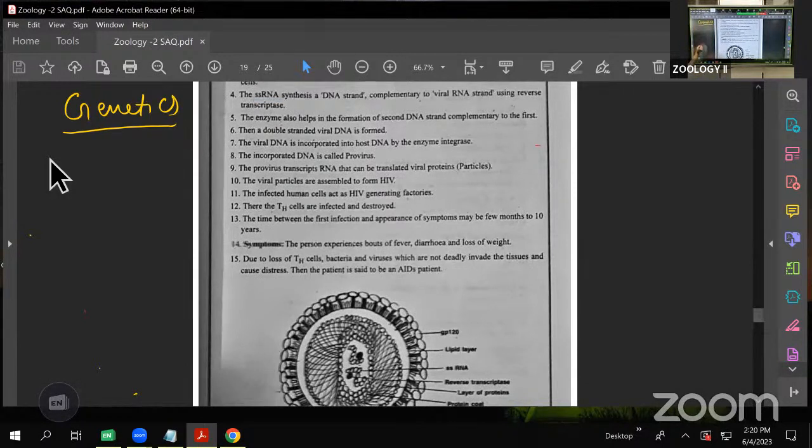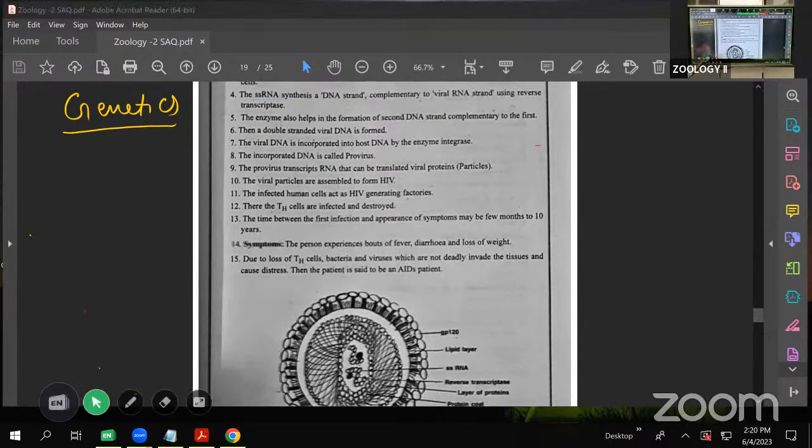In the genetics, mainly, which answers are important? The first one is the sex determination in human.